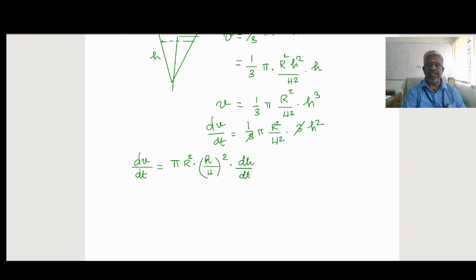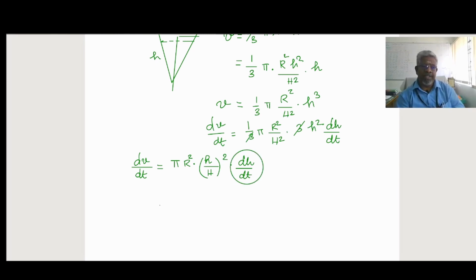Sorry, I was missing dh by dt here, because I am differentiating the volume with respect to a third variable, time. So dV by dt is equal to 1 by 3 pi r square by H square into 3h square into dh by dt. What I am interested in is dh by dt.